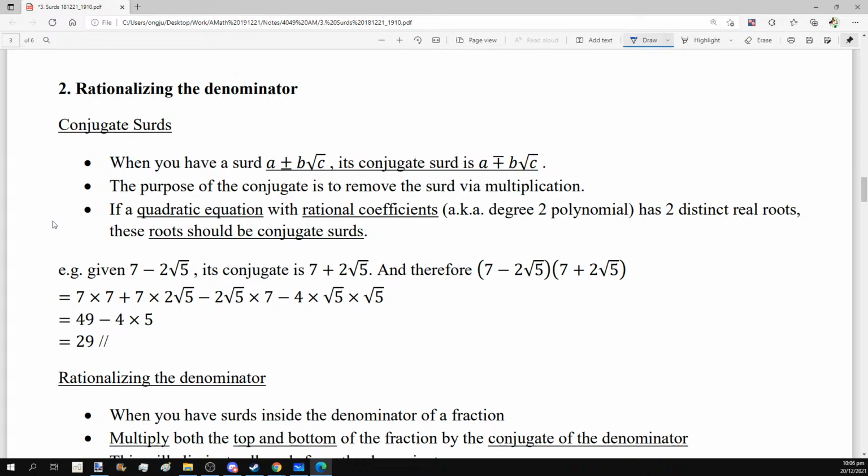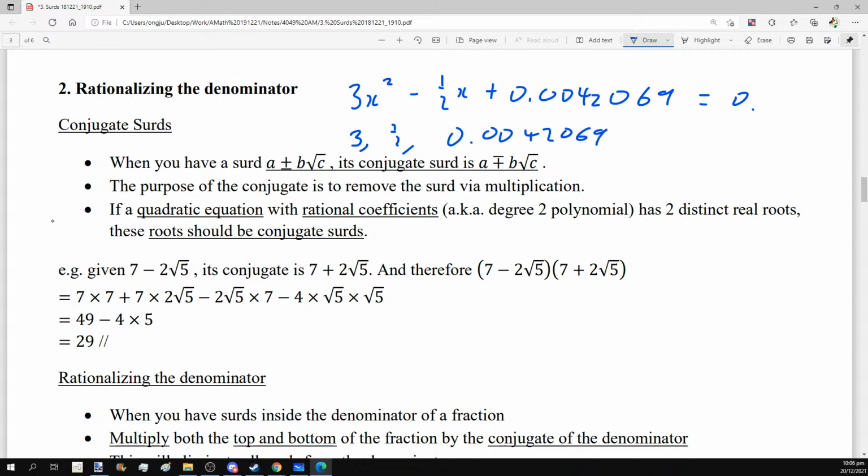So for example, if I have 3x squared minus half x plus 0.0042069 equals 0. What this means is that 3, half, and 0.0042069 are all rational numbers. They can all be expressed as fractions.